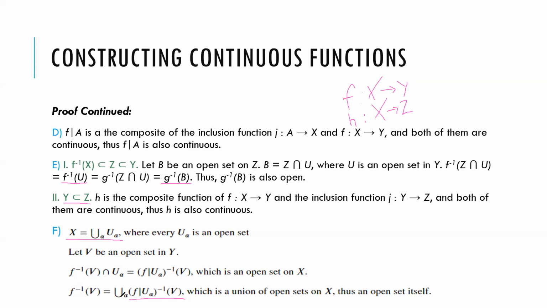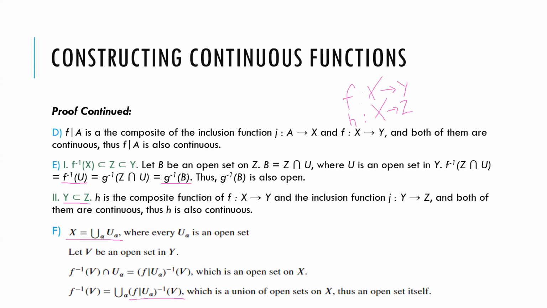So it's the union of all inverse images of V by the restricted F, F limited to U alpha, inverse of V, where when we use the union, we technically go back to the entire set.